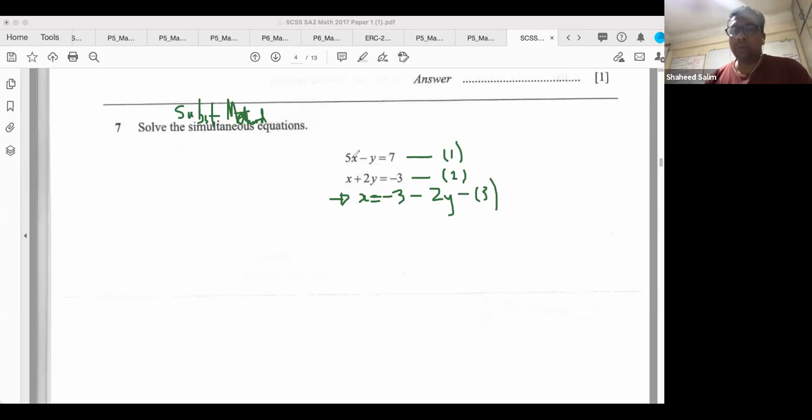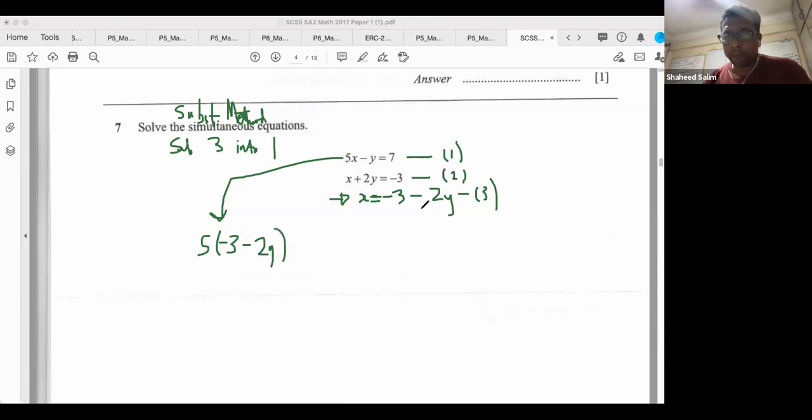Then this one, how? In fact, we can just substitute 3 into 1. What does it mean? It means this value of x goes inside here. Watch carefully. 5x. What is x? x is minus 3 minus 2y. I put the value of x into this x here. Then minus y equals 7.